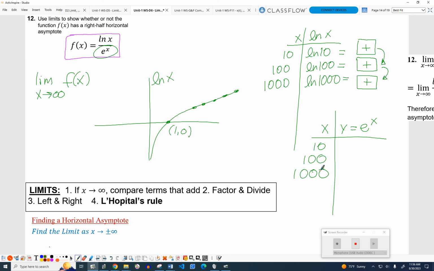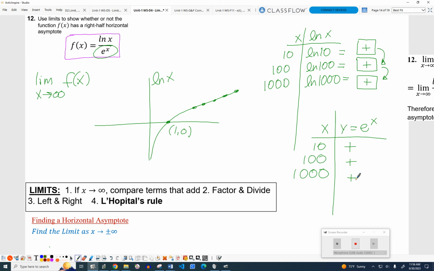Hands up. What's the trend on the bottom? Come on. There we go. Let's go, Isaac Higby. Well, we know it's just gonna be a lot bigger and a lot faster jumps. Well done. They're all positive, and they're all much, much bigger than the ln value. So memorize this.